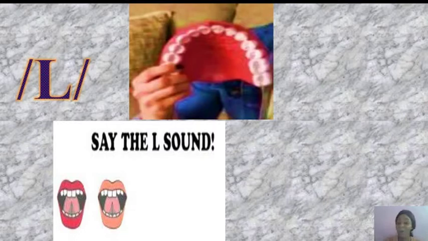Exactly, that is how to articulate the sound. So the sound is not L. L is the letter. The sound is L. You can actually see the second image there, the image that has the tag, let's say, the sound. You can see the tongue up just behind the teeth. The tip of the tongue is touching the alveolar ridge, which is that bump.